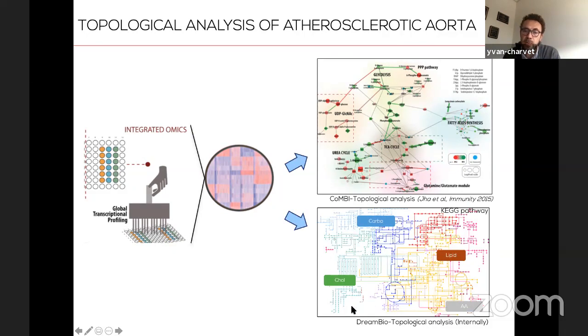We also developed an independent tool, which we call DreamBio, which feeds the same data set directly onto the KEGG pathway. There is less of a bias by doing that, because you will really have the consensus map of what we know in terms of metabolism.